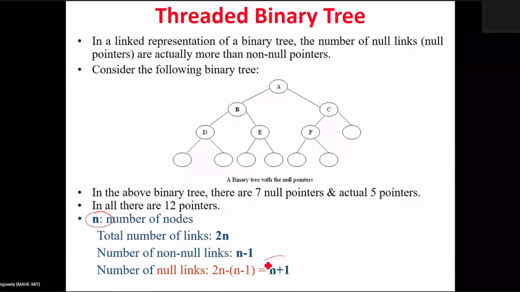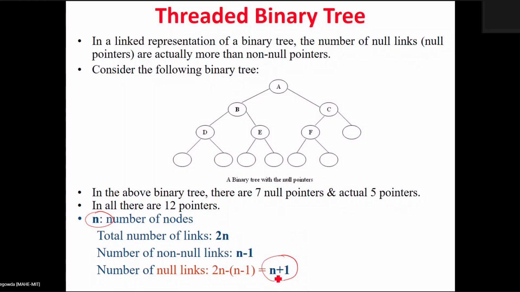The number of null links in the given binary tree will be equal to n plus 1, whereas the number of non-null links will be equal to n minus 1. The total number of links will be 2n. Among this 2n, n minus 1 links will be non-empty, whereas n plus 1 links will be empty.